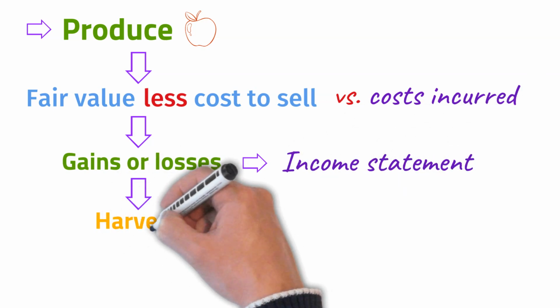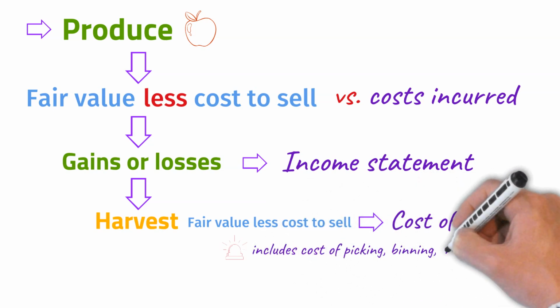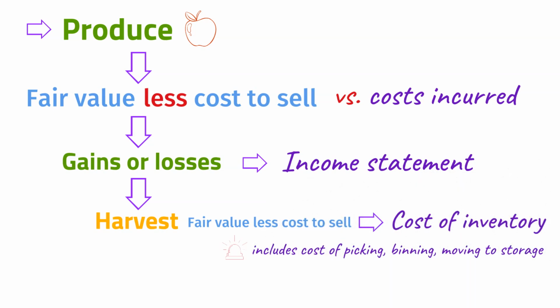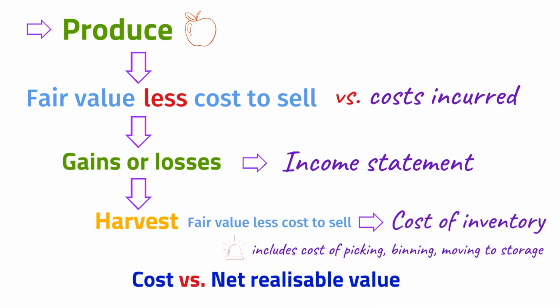At harvest, fair value of the produce less cost to sell becomes the cost of inventory. And compared to the ripening fruit on trees, it also includes the cost of picking the fruit from trees, binning it and moving it from the farm to the storage. After harvest, fruit is just normal inventory, which is measured at lower of cost and net realizable value.